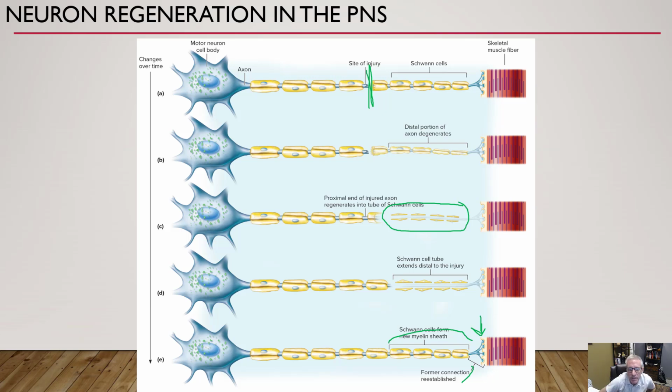And they typically say that it'll take up to 2 years. So, for example, in May of 23, I herniated one of my discs in my back.